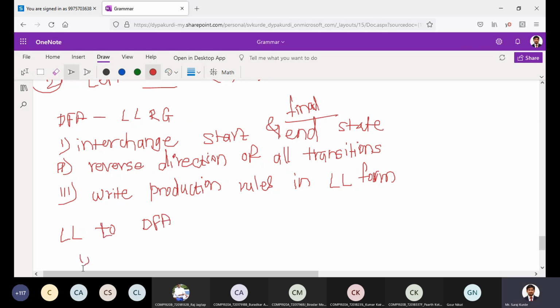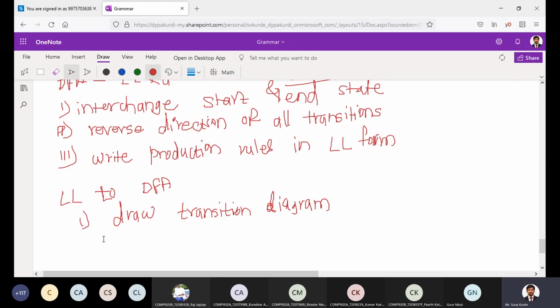Reverse to this one, whatever we have done in the DFA to left linear. First draw the transition diagram. From given production rules, draw the transition diagram, as it is. So it will give you the transitions.